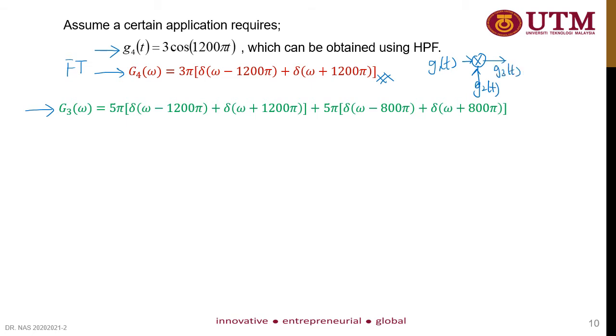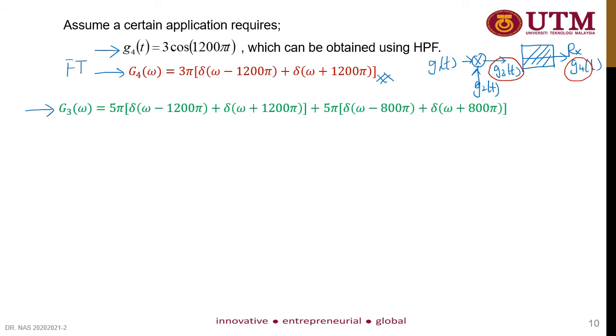However, the end recipient only requires g4, meaning that you need to perform some filtering here to make sure that any unwanted signal at g3 can be removed and only g4 will be received at the end.